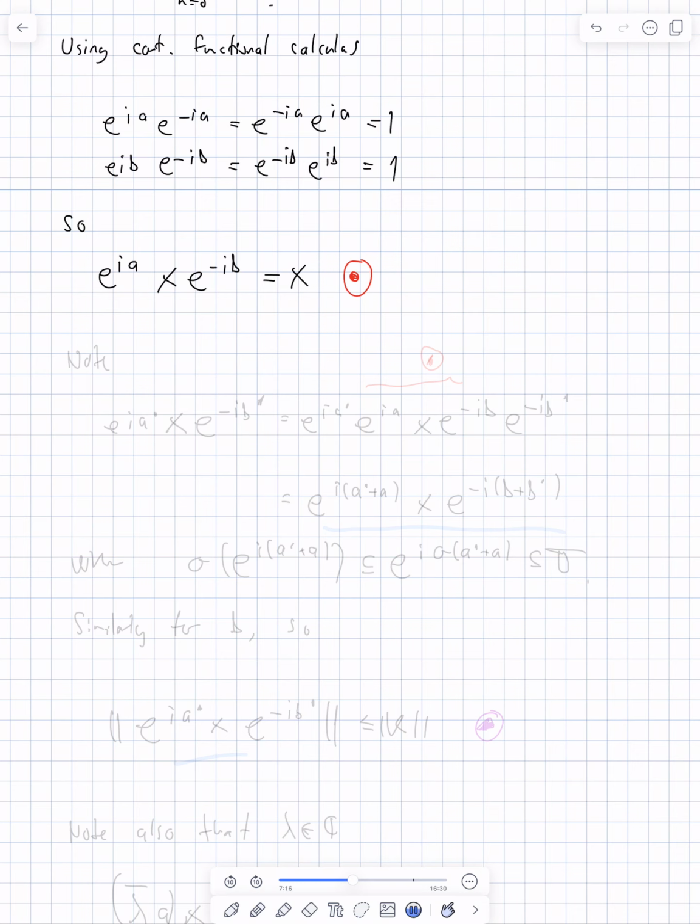So how about if we look at e to the iA star x e to the minus iB star? What can we say about this? Well, it is e to the iA star, e to the iA, x, e to the minus iB, e to the minus iB star, just by using the dot equation again.